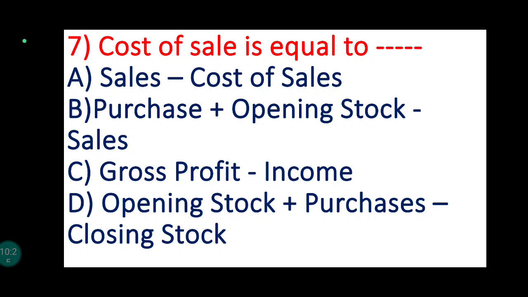Cost of sales, the other name is cost of goods sold. It is the cost of goods or services which have been sold. So cost of goods sold and cost of sales are one and the same.